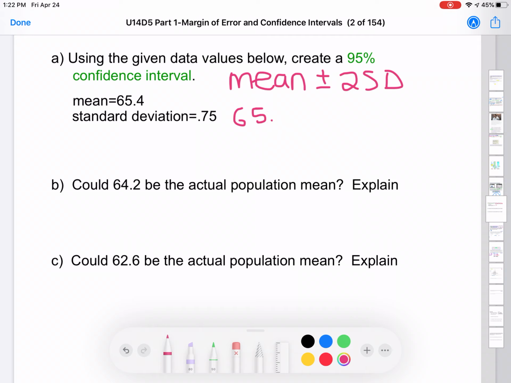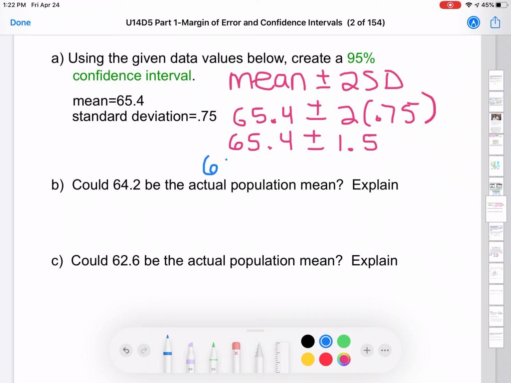So 65.4 plus or minus 2 standard deviations, so 65.4 plus or minus 1.5. You're going to do 65.4 minus 1.5, and that's where you get 63.9. And then 65.4 plus 1.5. And this is called your 95% confidence interval.